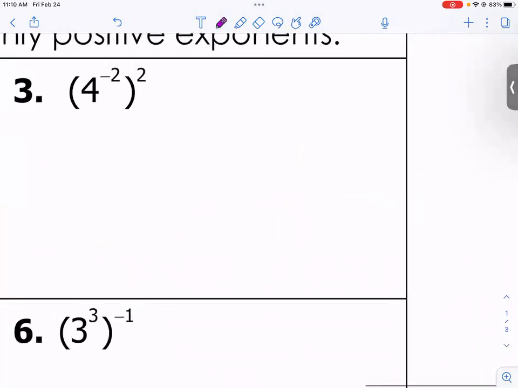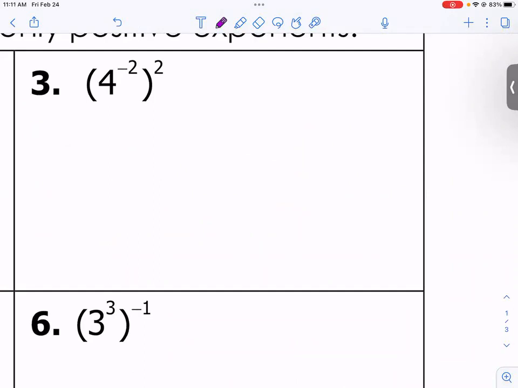How about you try number 3? What do we get? 4 to the what power? 4 to the negative 4.